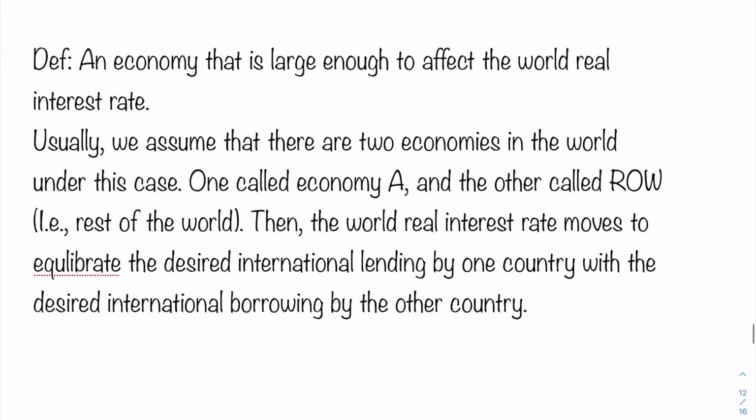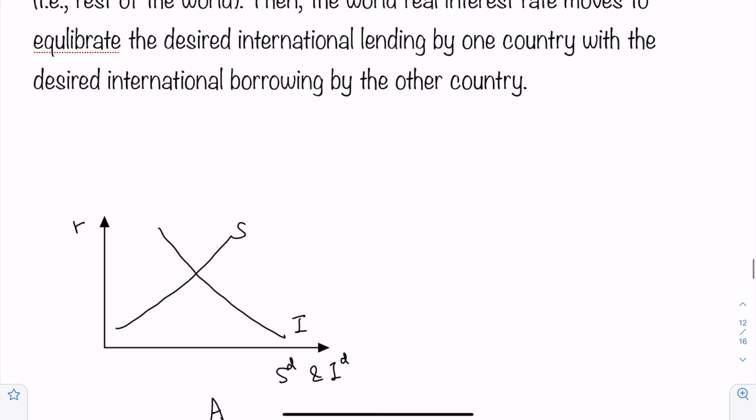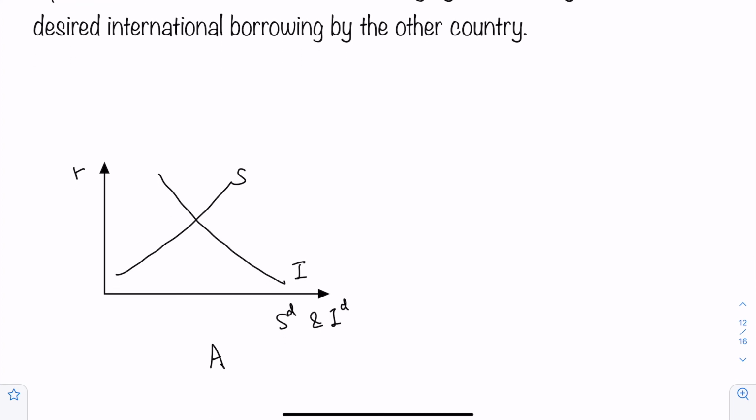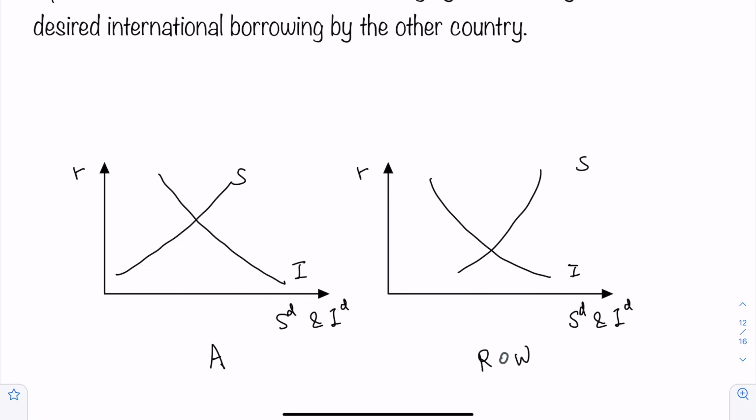So as you can see here, when we want to see the goods market equilibrium for a large open economy, we need to draw the equilibrium of two economies. One is country A, which is a large open economy, and the other is the rest of the world. When goods market equilibrium happens, if the world real interest rate is at this position, then for the large open economy, its investment is greater than its savings, which means that it is a net borrower.